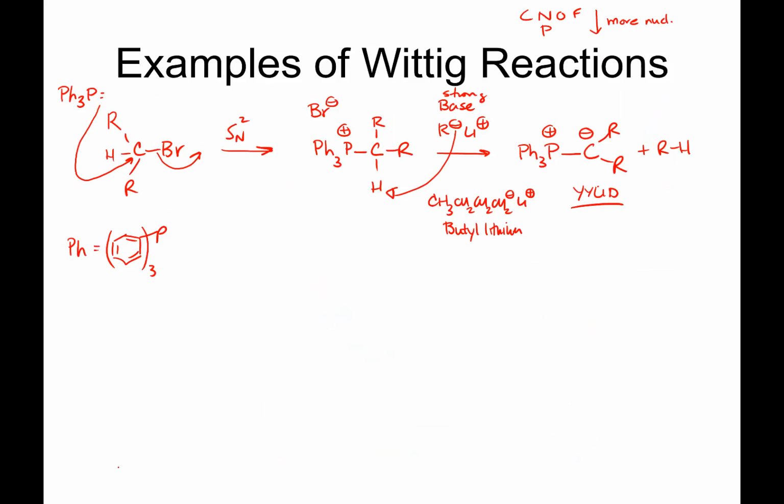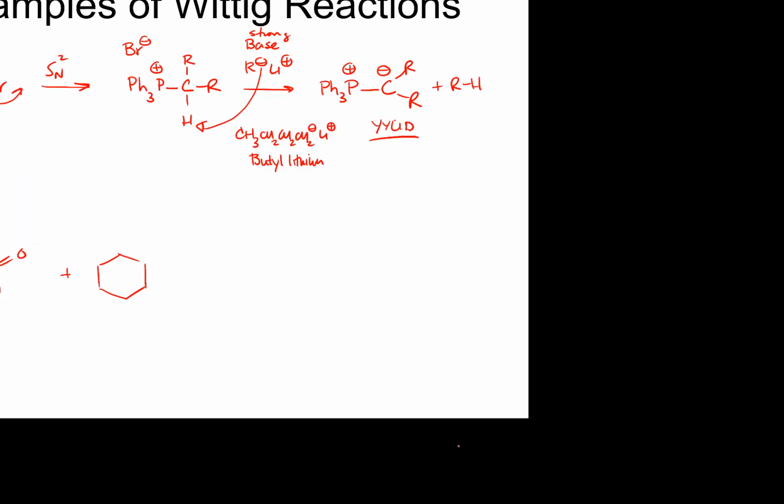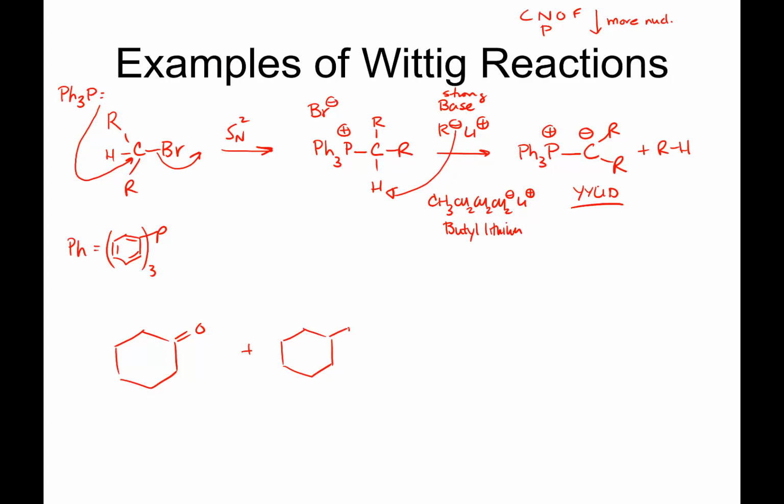So what would be an example of a Wittig reaction? Well, let's say that I had a cyclohexanone and I wanted to add to that another cyclohexane ring. So what I would say is, well, I'll start with this alkyl halide.